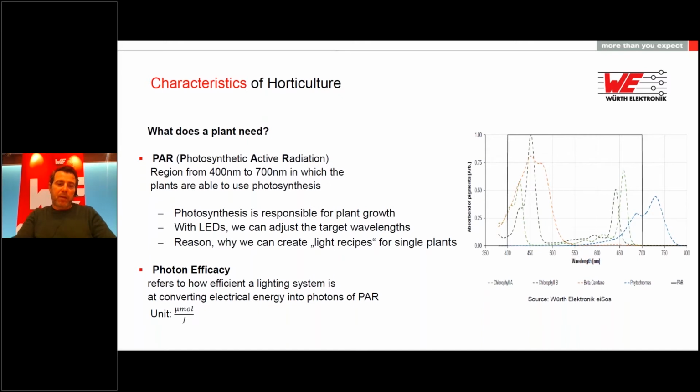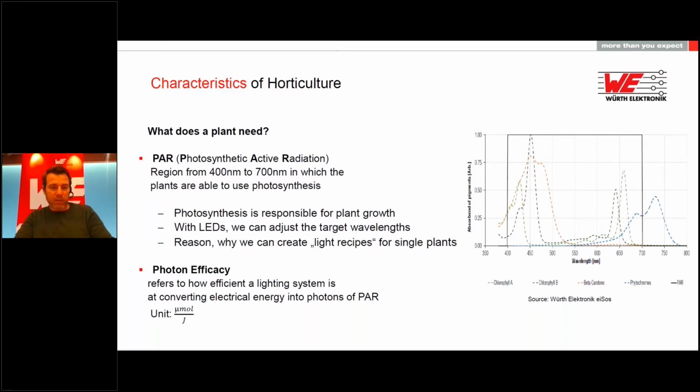The second part, the second efficiency part, when we go to the lamps, is the photon efficacy. I think a lot of people on the market know this as the lumen per watt value for white LEDs. But plants don't see or detect light in lumens.